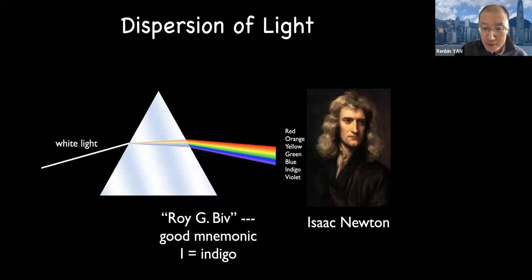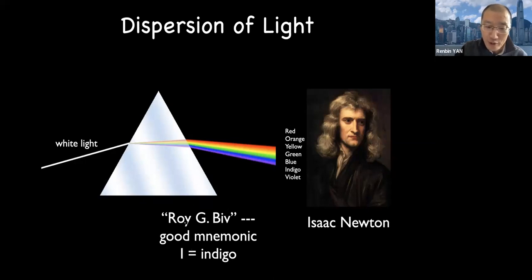You should remember this color sequence, and you can remember it either in Chinese or in English. If you want to do it in English, this is a good way to remember it. People make up these mnemonics to help us memorize things. You can see the initials spell ROYGBIV, so you can make up a name called Roy G. Biv.